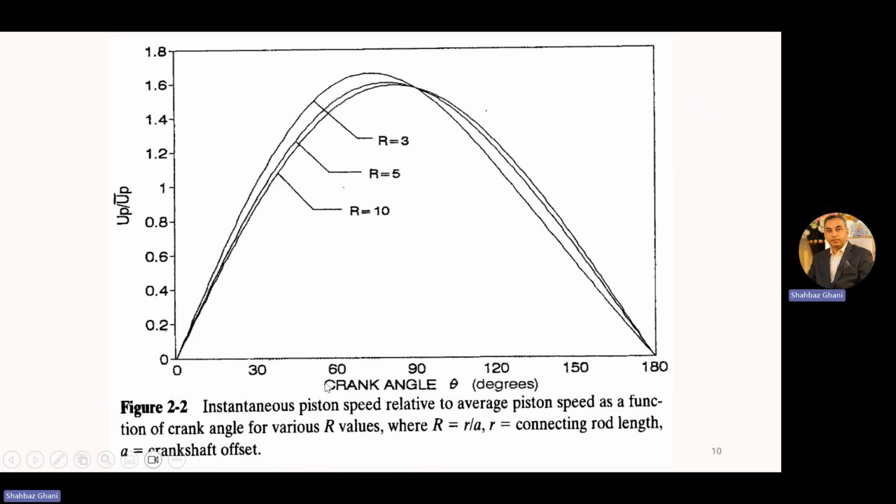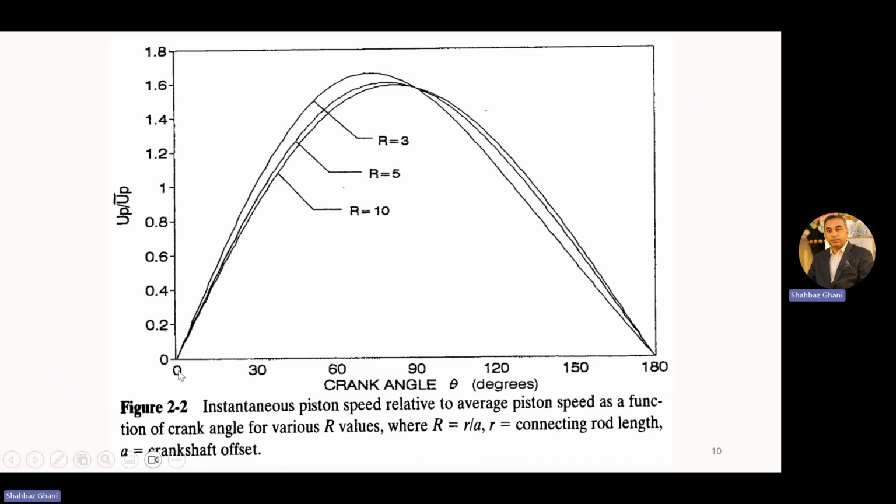Now see the value of theta in degrees, r, and the instantaneous piston speed divided by the average piston speed. Let's see what the figure is. Instantaneous piston speed relative to average piston speed as a function of crank angle theta for various r values, where r is equal to the connecting rod length divided by the crank offset.